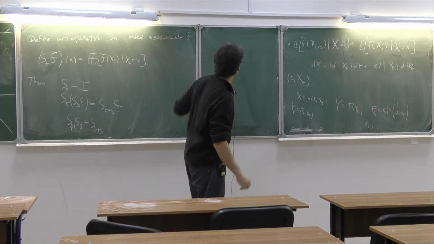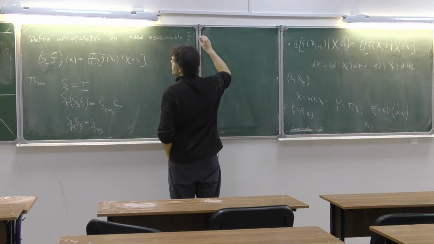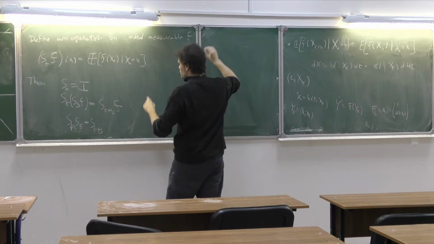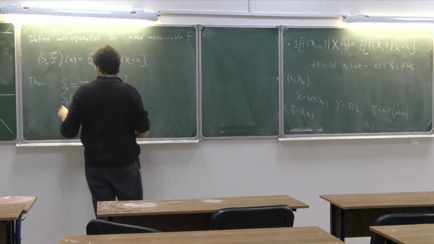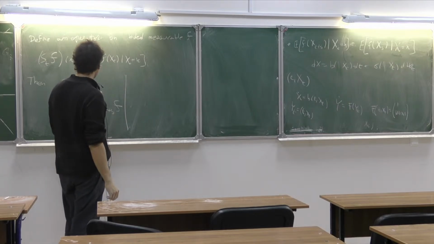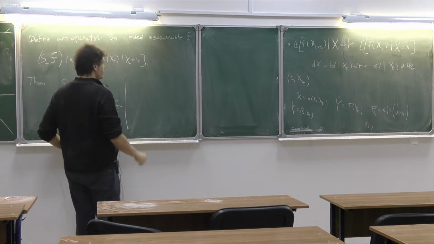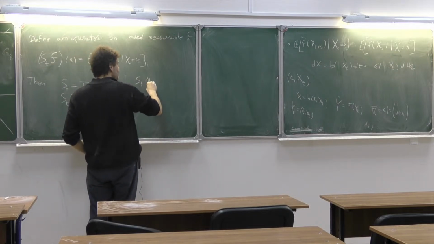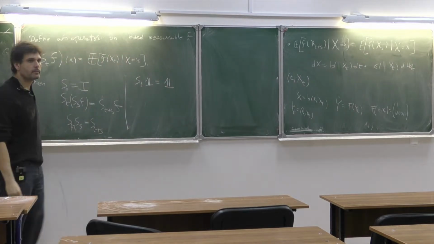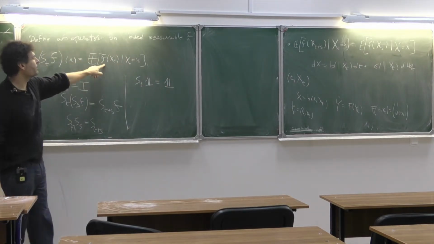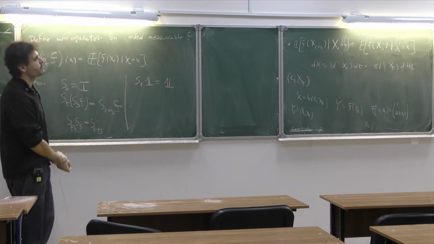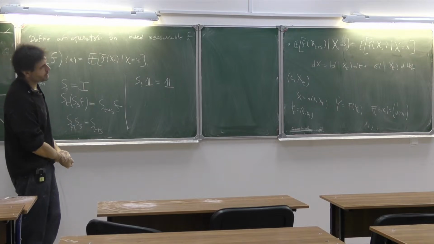So conversely, let's define an operator. What properties does S_t have? S_0 is the identity, and S_{t+s} is this. What other property does S_t have? It has the property that S_t of the constant function equal to 1 is 1, because the expected value of a constant is the constant itself. And there are other properties in reality.